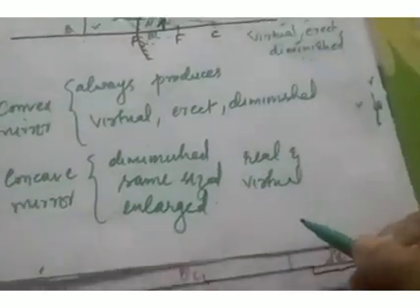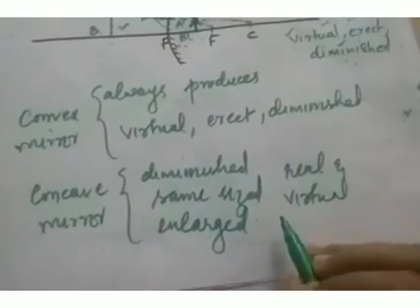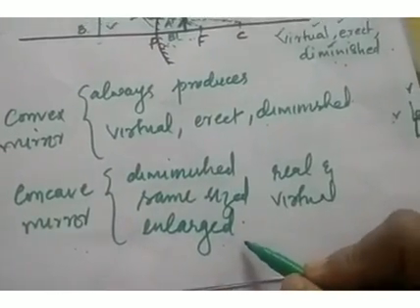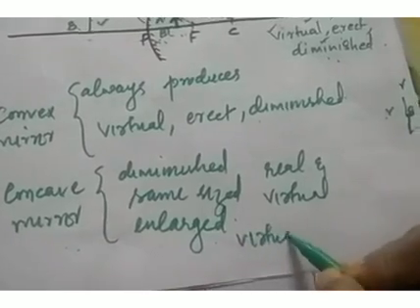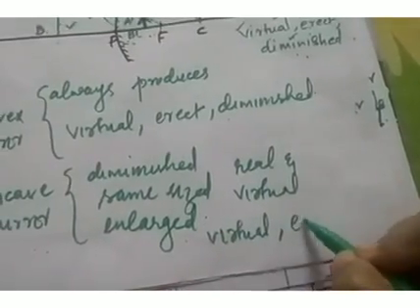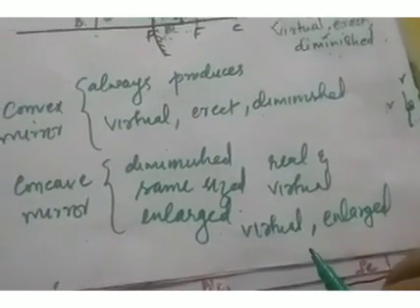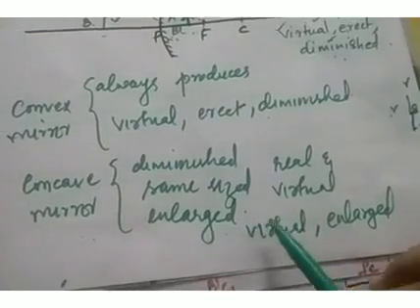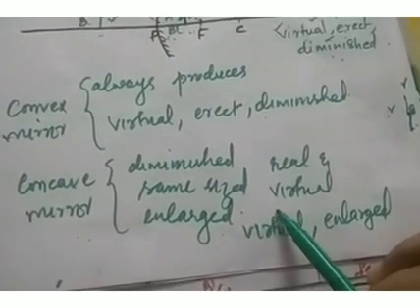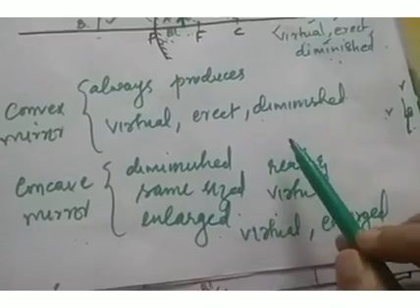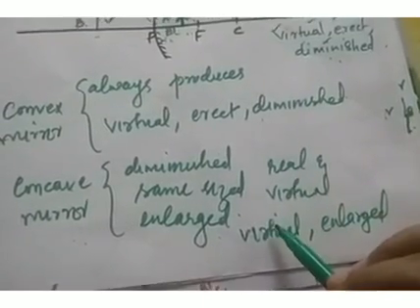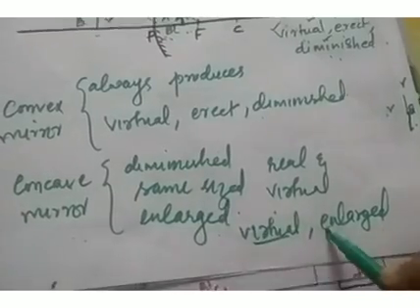One more question can I ask you? See, which mirror can produce virtual and enlarged image? Children, only concave mirror, because when you see the term virtual, don't always write convex. Concave mirror can produce virtual enlarged.